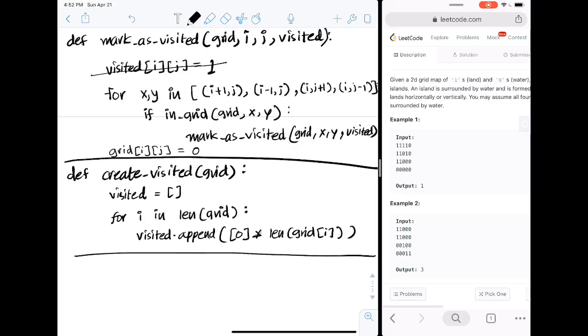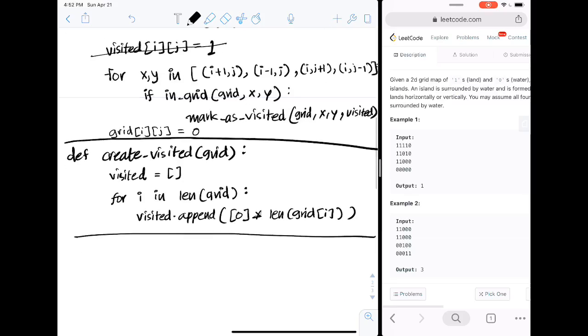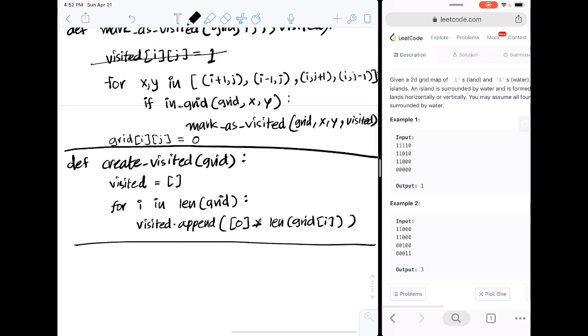Yeah, I think that should take care of doing this in memory. I don't know if Jason is online anymore, but if you think about it, if I'm here and I go here and I say for i plus 1, j, if in grid, so this is in grid, this is in grid, this is in grid, and this is in grid.